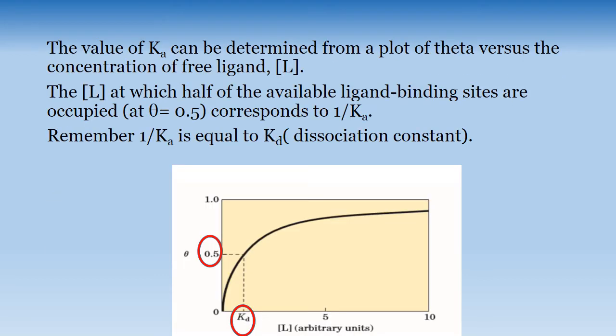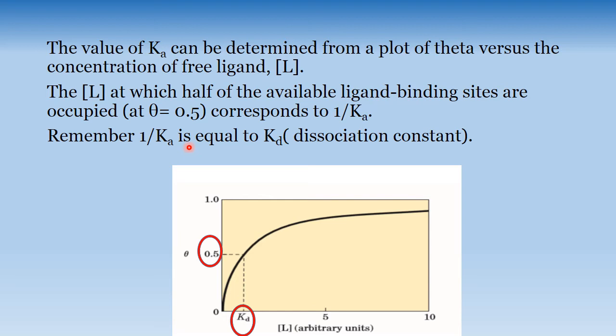Now the value of Ka can be determined from the plot of theta versus the concentration of the free ligand L. So here we have the plot of theta versus L. The concentration of the ligand at which half of the available ligand binding sites are occupied is where theta is equal to 0.5. Why 0.5?